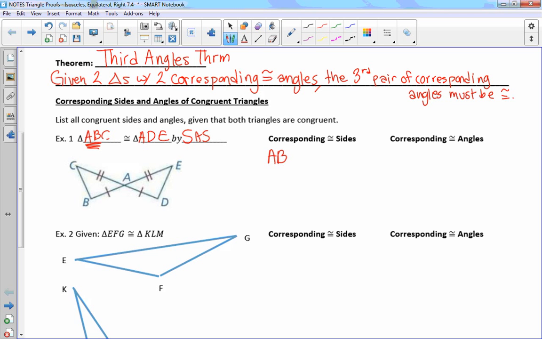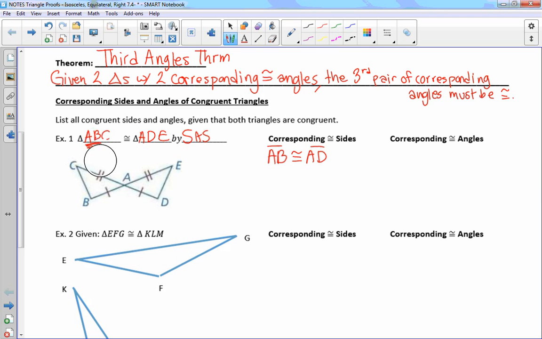A line on top, good. Okay, it's congruent too, so we need to put the congruent sign. A, B is the first 2 letters. What's the first 2 letters in the other triangle? Because we carefully put them in the right order. A, B. So those correspond, and they are congruent sides.